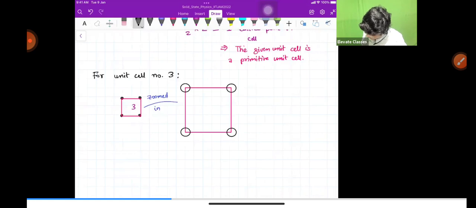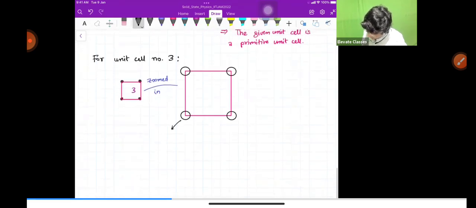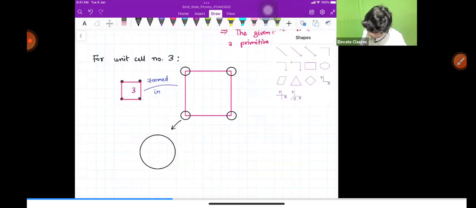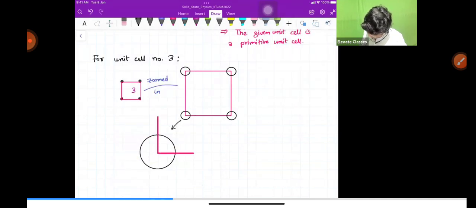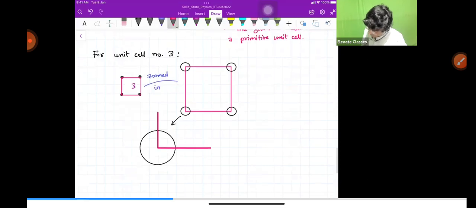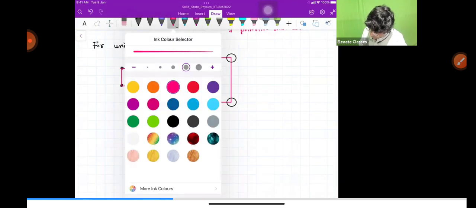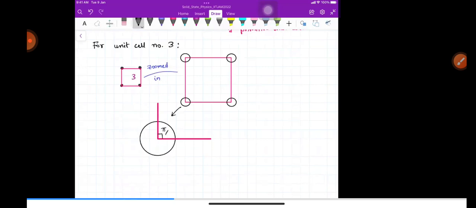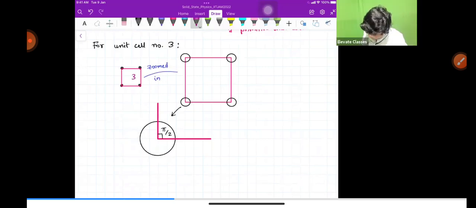So what is the contribution of, if you see this thing? If you zoom in again, what do you have? You have a circle, and then you have these lattice points. This is the structure, right? So if you see the angle, what is this angle? Pi by 2. And what is the total angle subtended by the circle? 2 pi.